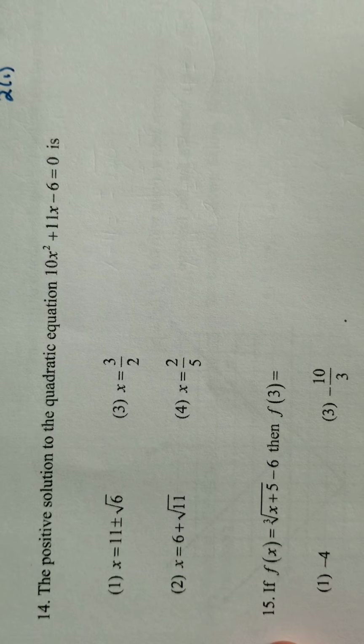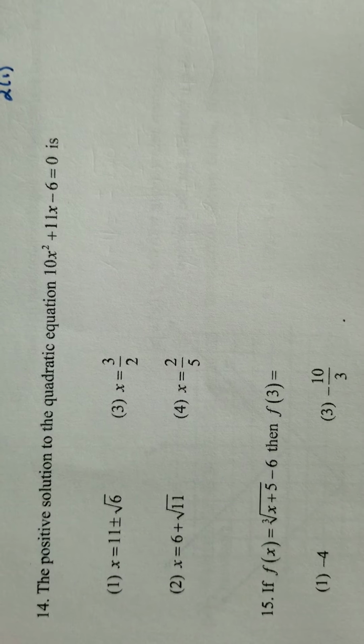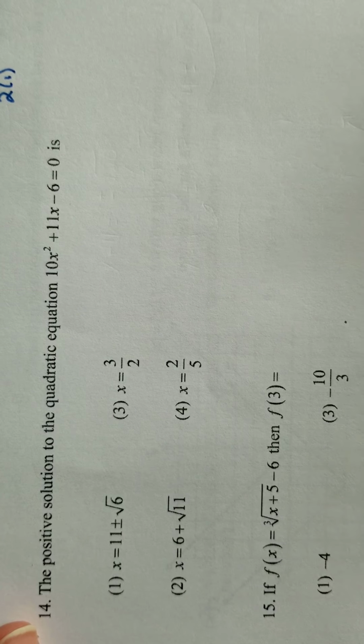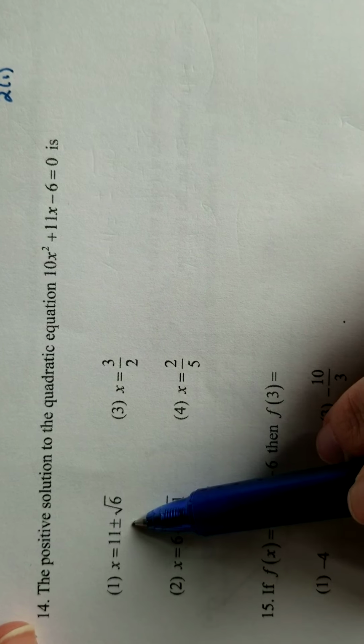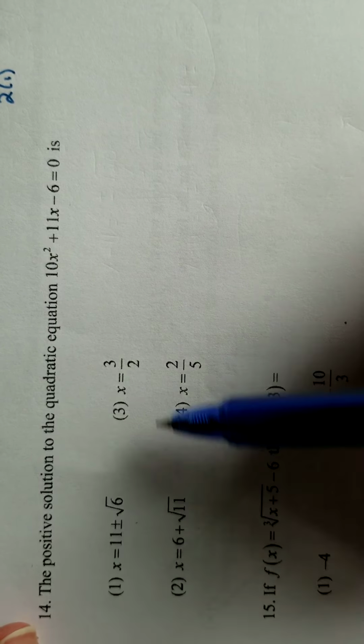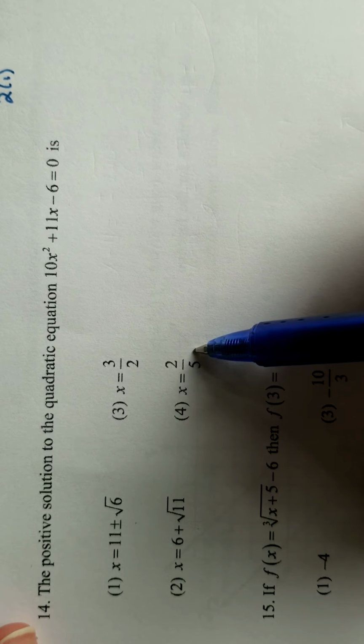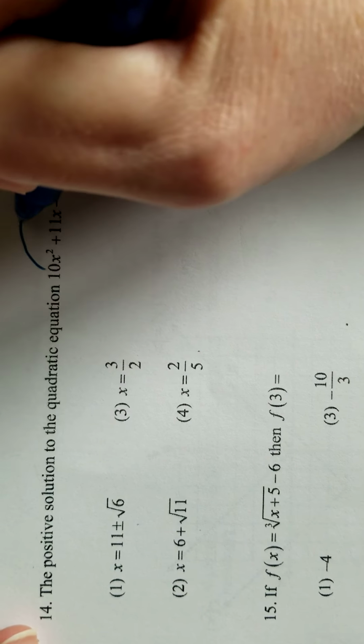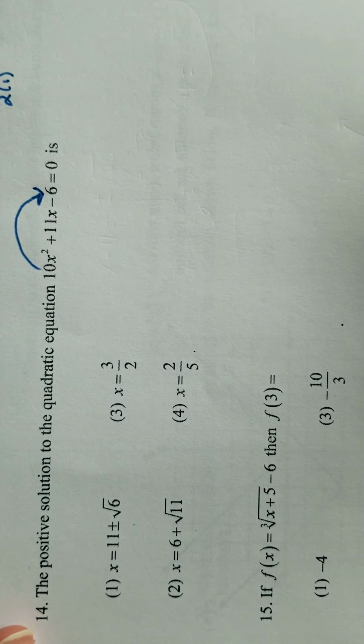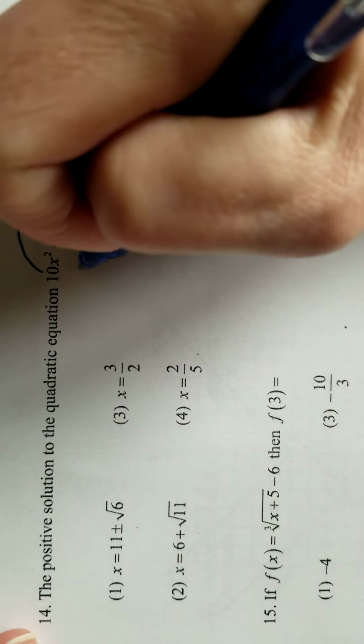14. The positive solution to the quadratic equation is what? The positive solution. So notice they're giving you 2 solutions here. We could always try to factor it. What factors? Let's see, that's 10 times 6, so that gives us 60.